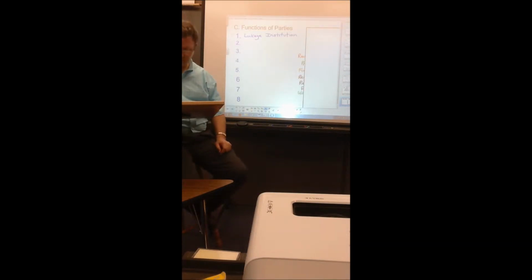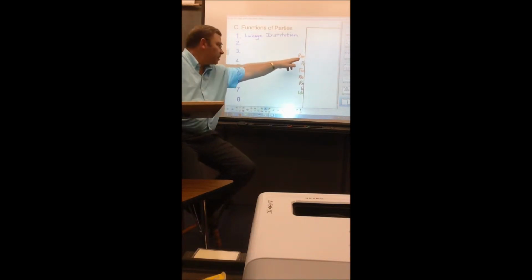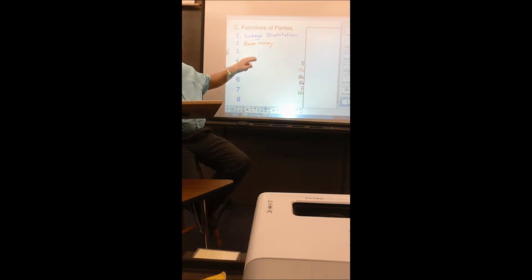Functions of parties is our next box. Parties, first and foremost, are a linkage institution. Meaning what? All right, they're linking the people to the government. Good. And they also raise money.